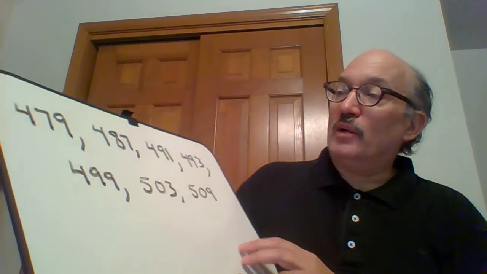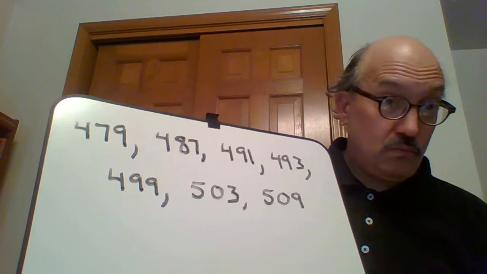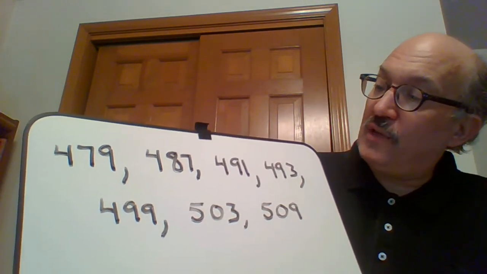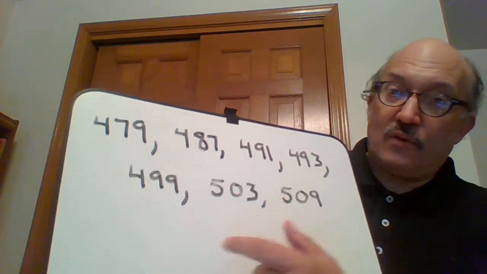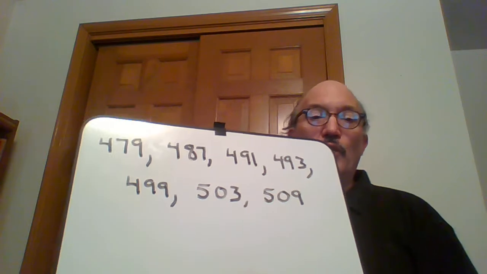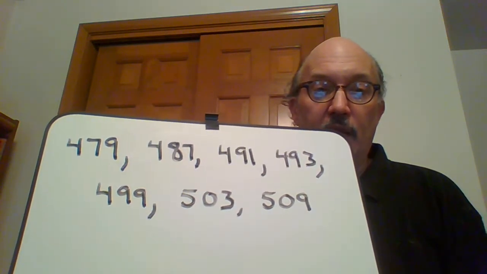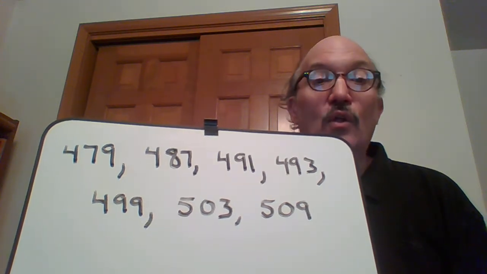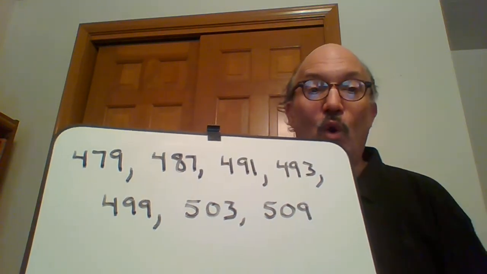Here's a list of whole numbers, and I'll explain how I chose them in a moment: 479, 487, 491, 493, 499, 503, and 509. And I will tell you that one of them is not prime. They're all prime except for one.